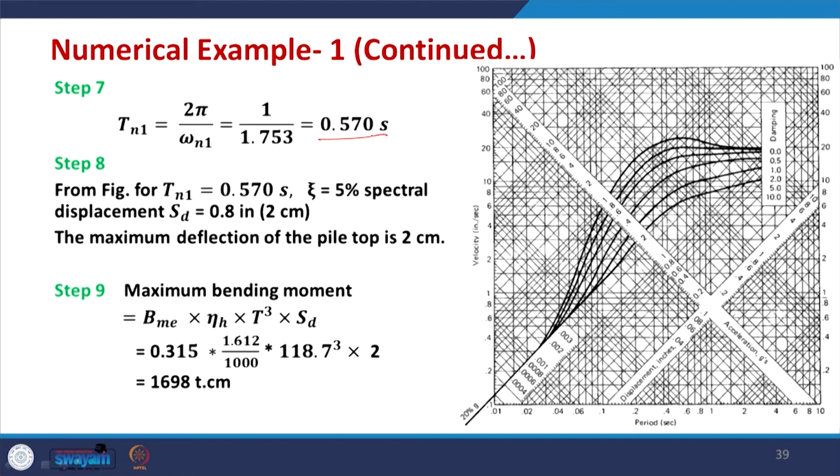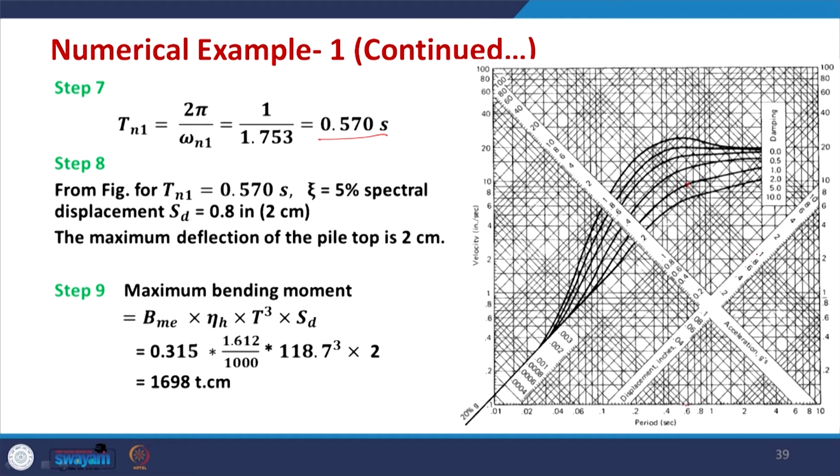Tn equal to 0.57. So here is 0.4, here will be 0.5, somewhere here it will be 0.57, and then I continue with this. It cuts here, this is the point of intersection, and from this point we need to drop a line on the displacement axis.